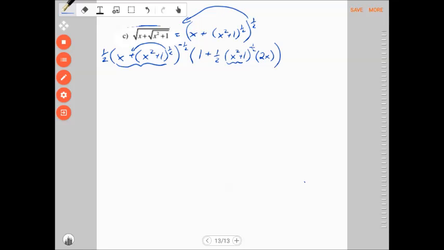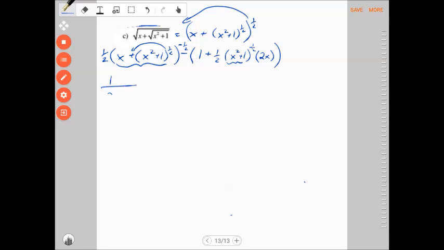So that technically is the derivative, but you'll only get part marks if you leave it that way. We have to at least get rid of the negative exponents. All right, so let's see how this plays out. Negative a half, so this exponent goes on the bottom.